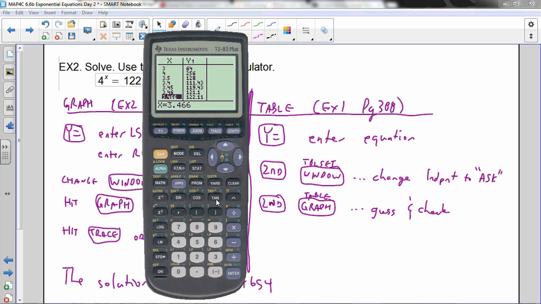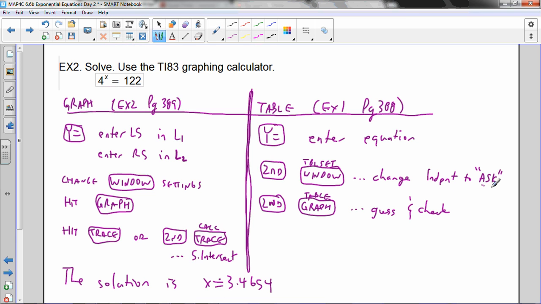Well, it needs to be a little bit lower than that. A little bit higher than that. And it's really, really fast to guess and check on this, isn't it? Look, I can get very close very quickly using this table method. And so there are the steps to do this version of the table.